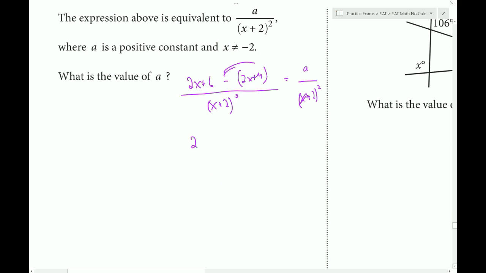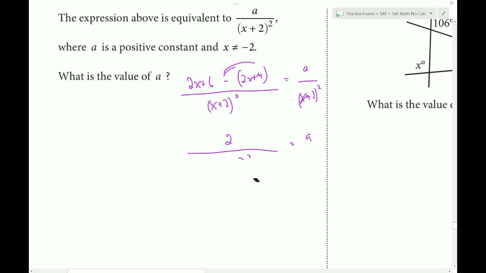So that means I have 2x plus 6 minus 2x minus 4. Okay. And of course these two x's will cancel. 6 minus 4 of course is 2. And the bottoms I can also cancel, because I can move this one up here, for example, and then they just cross out.